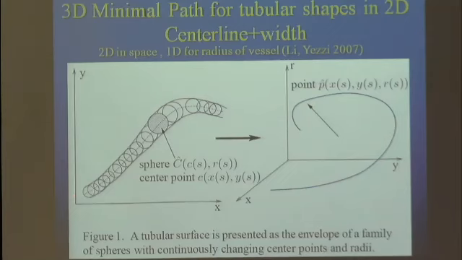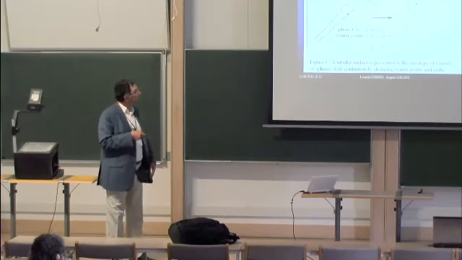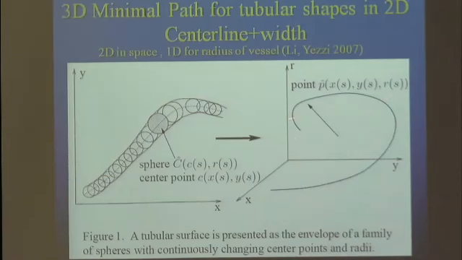So now the problem is how to define a potential function on this 3D domain, which means that for each value of r, you define a potential feature value on any point in the domain corresponding to the fact that you expect to have a tubular shape of radius r at this point.